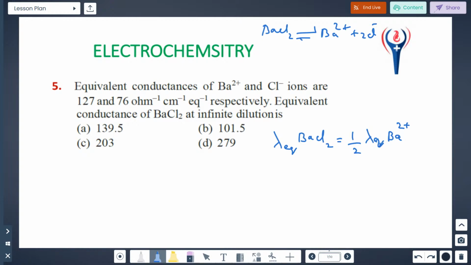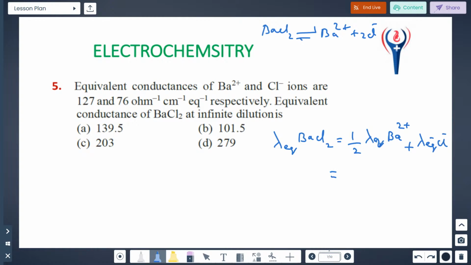Barium means Ba2 plus, and chlorine you should always write as Cl minus. Divided by its valency: barium is divided by 2, but chlorine's valency is 1, so no need to write anything. You just write it as it is. So equivalent conductance of Cl minus. Then you substitute the values, simple.